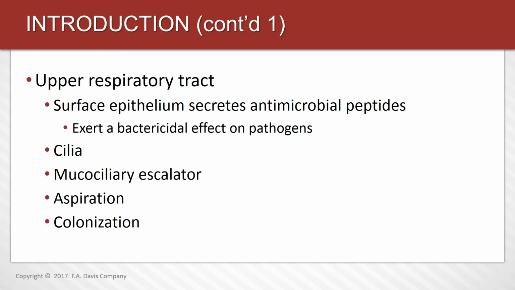So that helps prevent aspiration, so no gastric content can get into the airway. An additional protective mechanism that we have is colonization. You have a number of bacteria, small enough that they do not cause an infection, that colonize to help protect us.